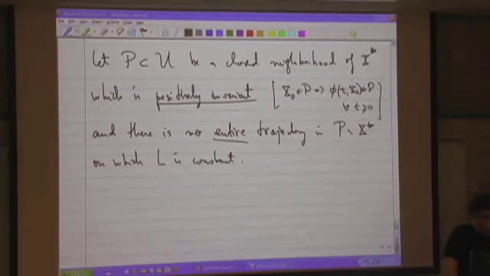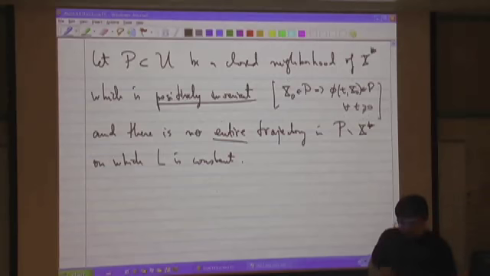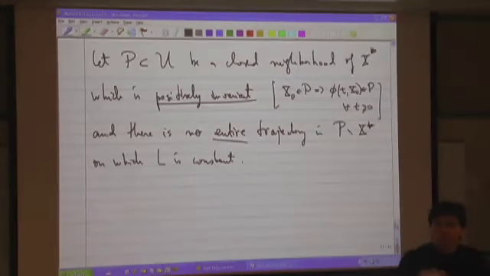What does that mean? First of all, there is no other equilibrium.